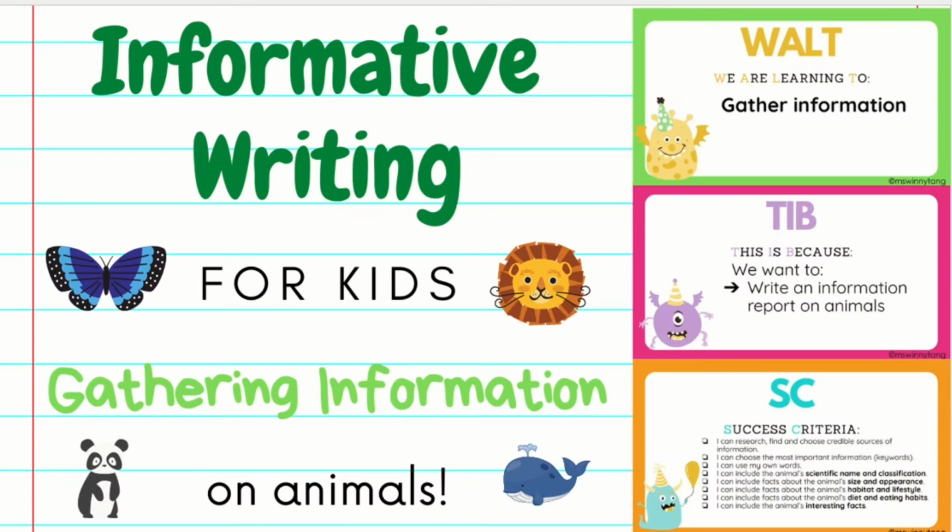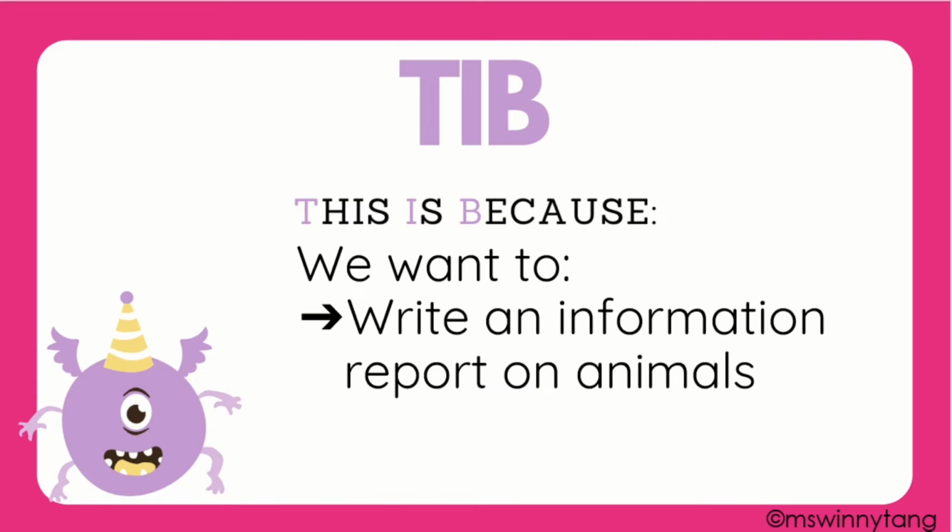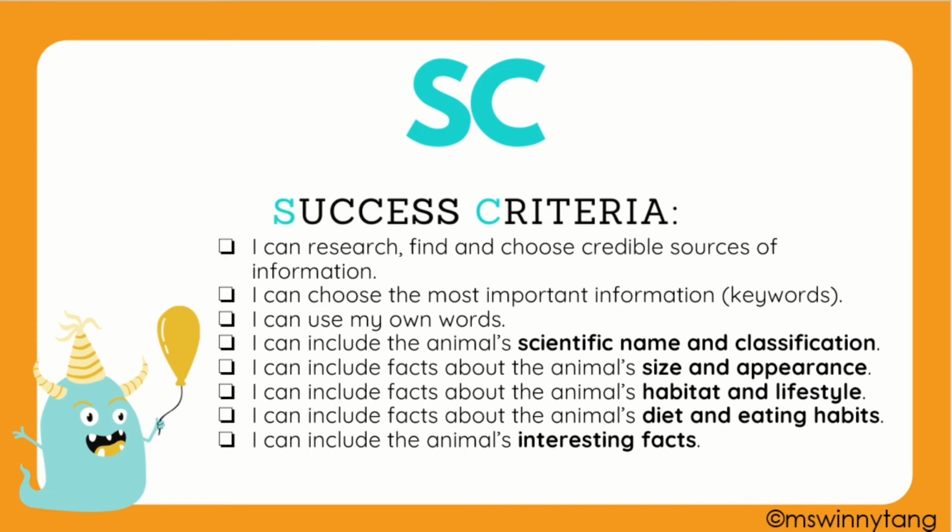All right, so let's have a look at gathering information. The reason why we are gathering information is because we need that information to write our report on animals. And to be successful, we need to research, we need to find and choose credible sources of information. We also need to be able to choose the most important information, so identify the key words, and then we use our own words and put in the animal's scientific name, their classification.